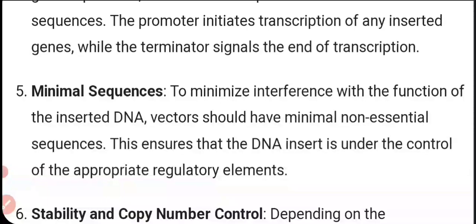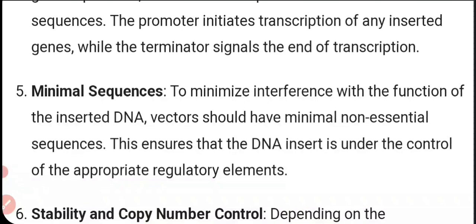Then minimal sequence, to minimize interference with the functions of the inserted DNA. Our main purpose is the inserted DNA, the desired genes of interest. So the vector should not interfere with the actions of the inserted genes. The vector should have minimal DNA sequences, so that there will be less interaction between the vector's genes and the genes of interest.